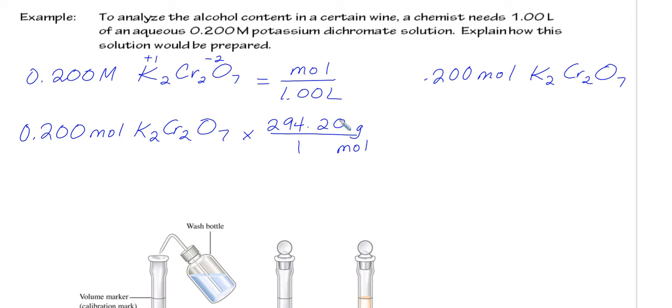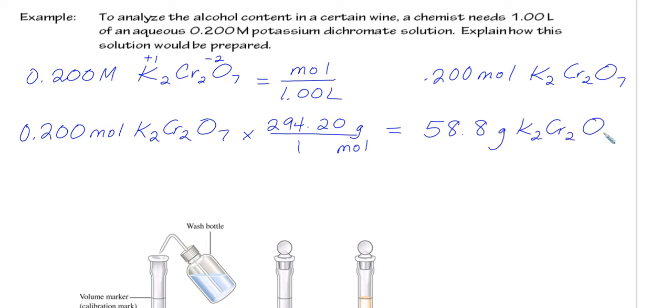We're just not going to round unless we really do end up with that off the periodic table we're using. Okay, when I plug this in my calculator, I will leave 3 sig figs because that was the original molarity, 0.200. So this is about 58.8 grams.